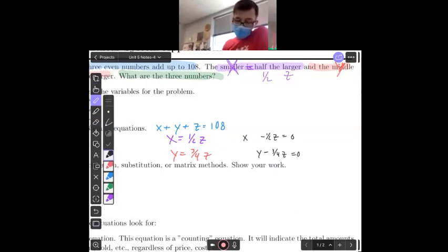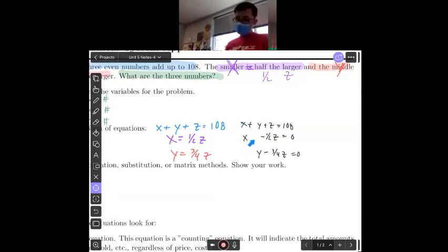And so then we have x plus y plus z equals 108. If you want to go to a matrix, it does need to be in standard form, right? I wrote those that way on purpose to highlight that there is no y and no x. Certainly not anything you guys need to do, but just trying to highlight that for you.